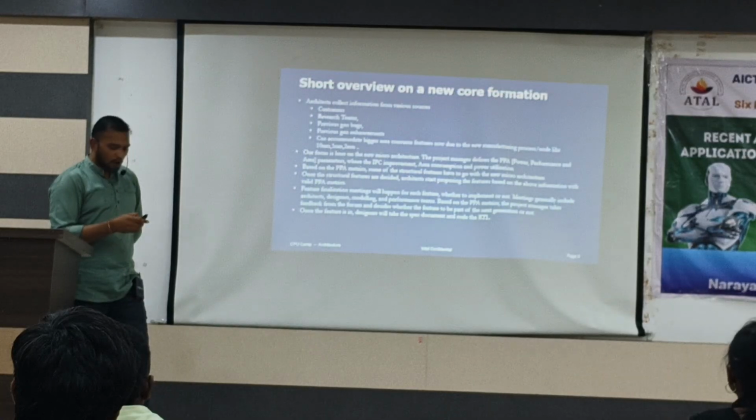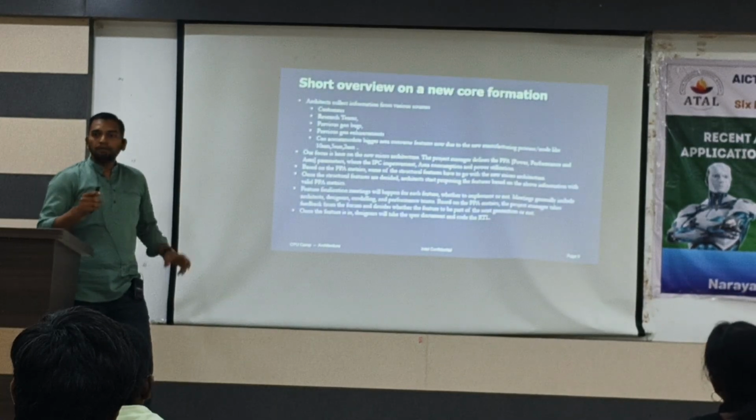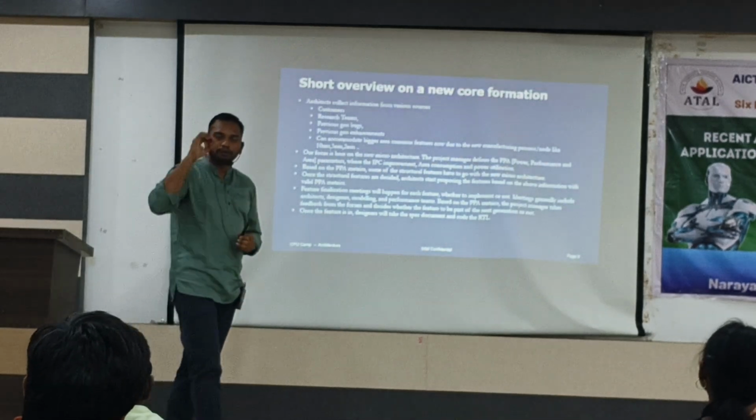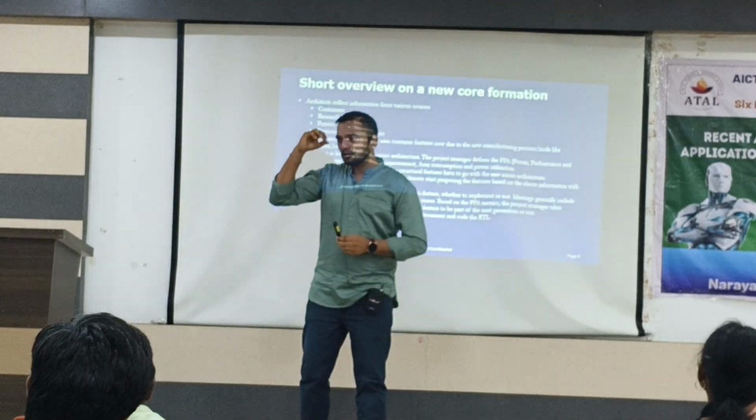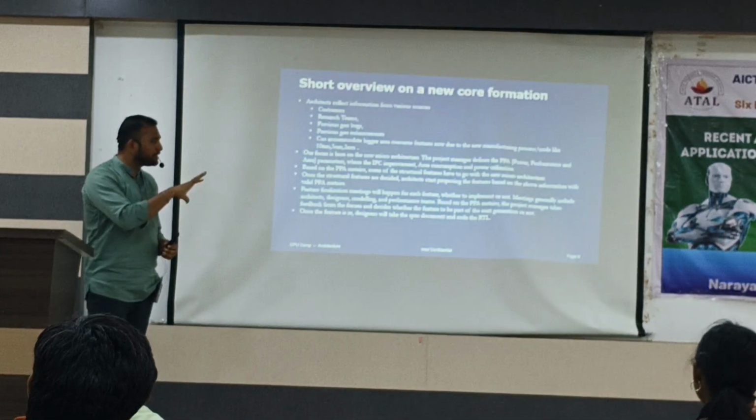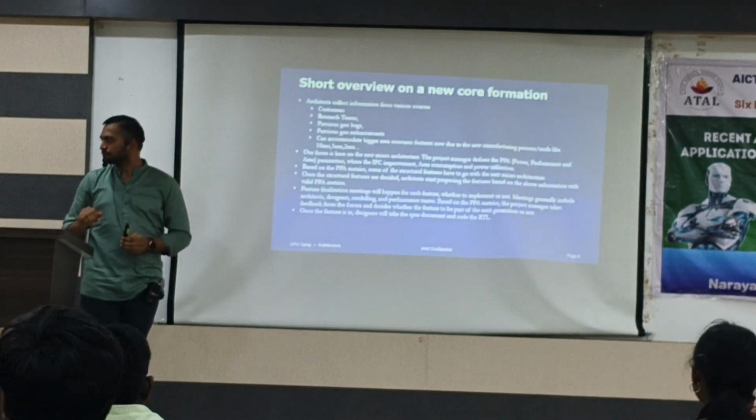Once the feature is on, there will be a spec document. Once the feature is ready, the project manager will give the green signal. The designers will have the spec document, and they will code it in the RTL.